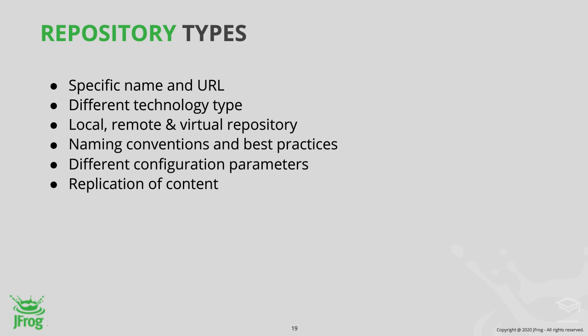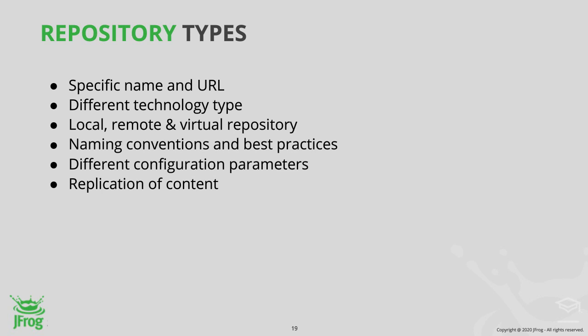Local repositories are basically where you will store your created artifacts, as opposed to remote repositories, which are used for proxying other remote or public repositories on the internet, and caching the artifacts that are there in order for them to be used in your environment. Virtual repositories are basically an abstraction or an aggregation of other repositories under the same endpoint.